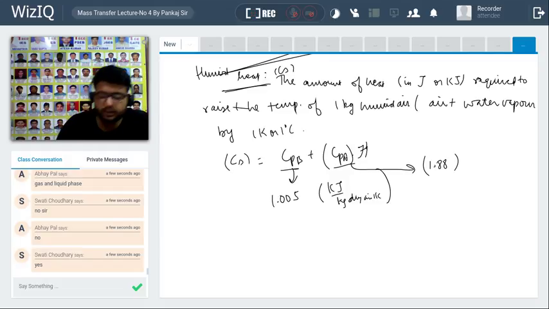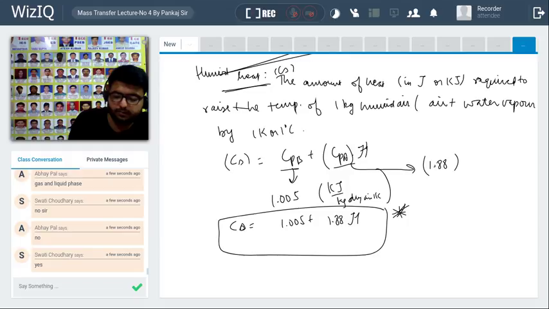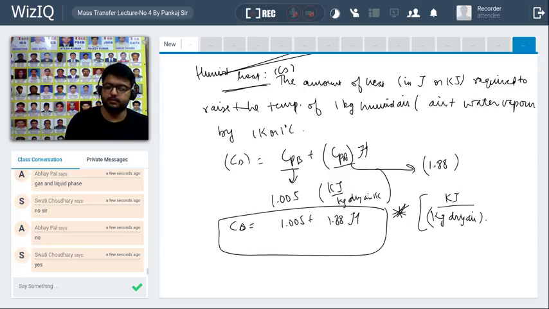So in SI units, CS is equal to 1.005 plus 1.88 into H. Important formula. The units are kilojoule per kilogram dry air into Kelvin. This is known as the humid heat.